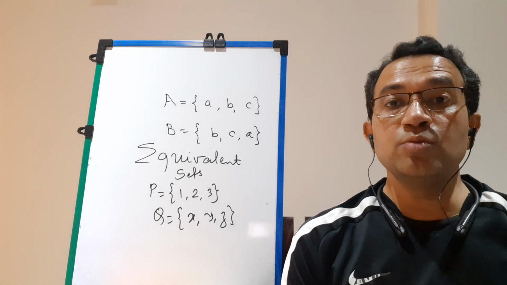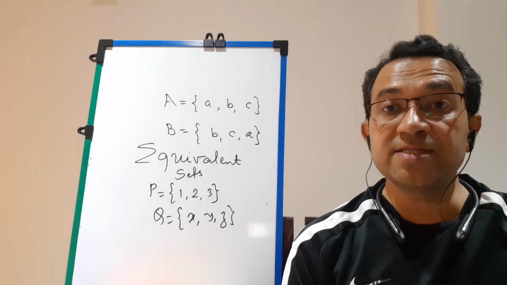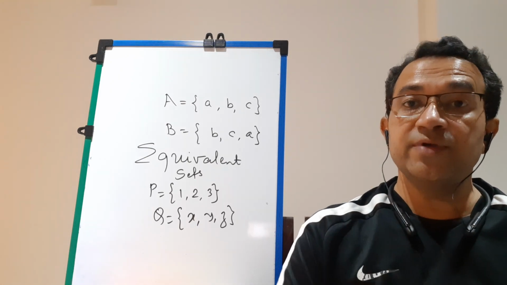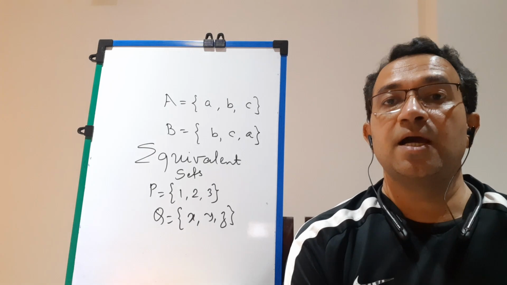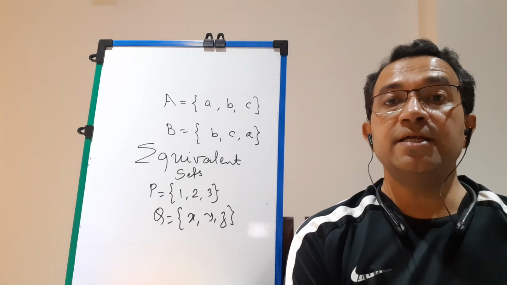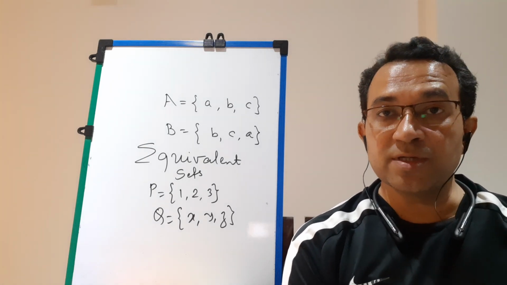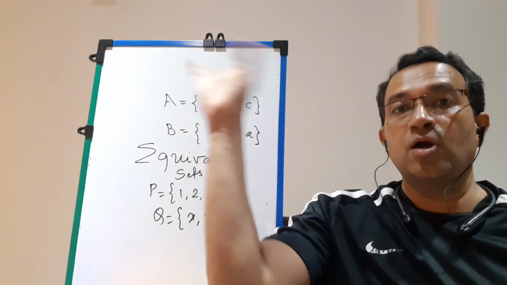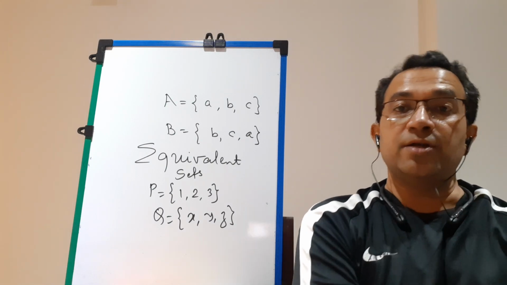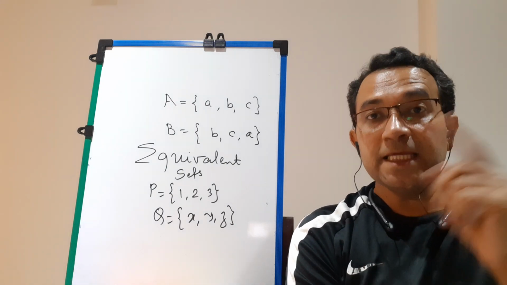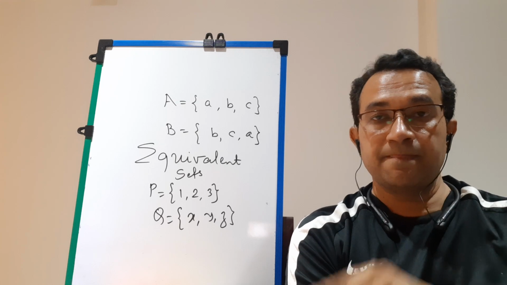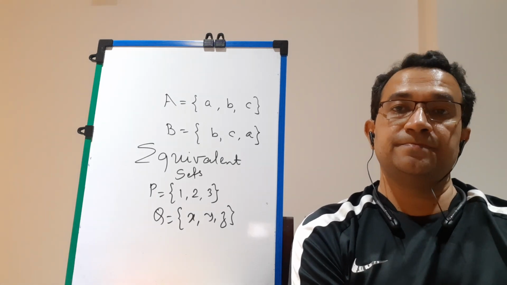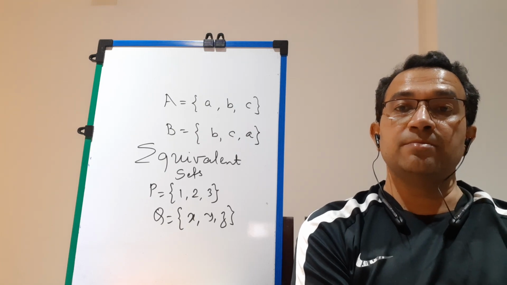So what do you mean by equivalent sets? The sets having the same number of elements, not the same elements, are called equivalent sets. So always remember, students, equal sets are equivalent, but equivalent sets are not equal. This is a very interesting result. I repeat, equal sets are equivalent, but the converse is not true: equivalent sets are not necessarily equal. So we have to remember this result.